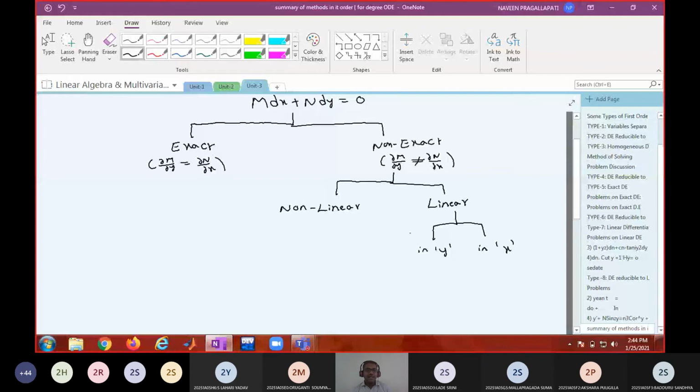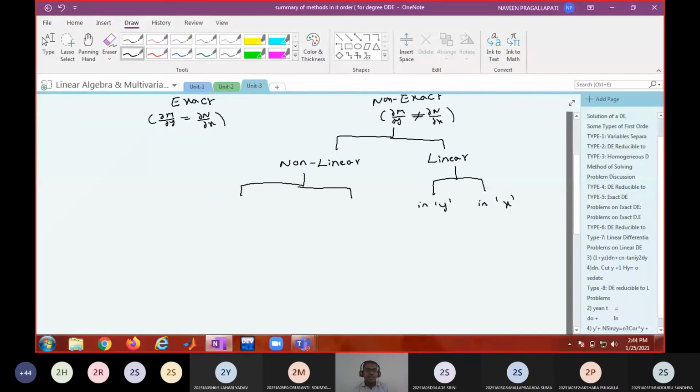If it is non-linear, how do you check? If it is not linear, is it Bernoulli? Not necessarily Bernoulli. In the last problem, we were directly able to reduce it to linear, without getting to Bernoulli, am I right? So ask yourself whether it is reducible to linear.